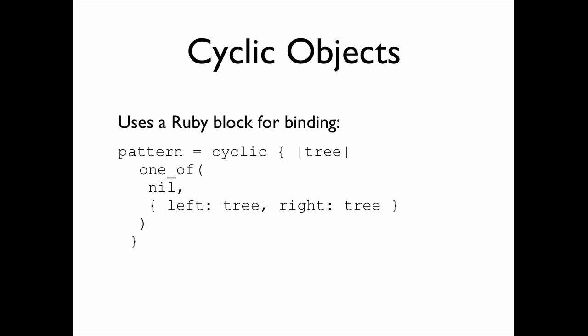Now suppose you want cyclic patterns that can match things like trees, hierarchical data structures. Turns out we needed that. So the notation for that is to write cyclic, and then you pass it a block that binds a variable that refers to the top level, and then you can refer back to itself.